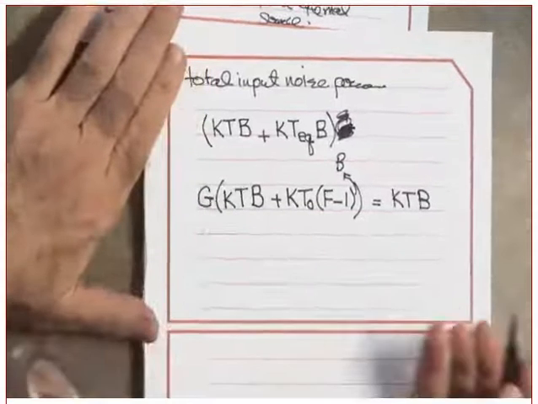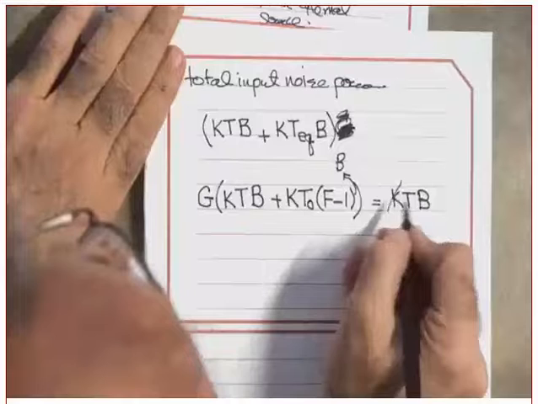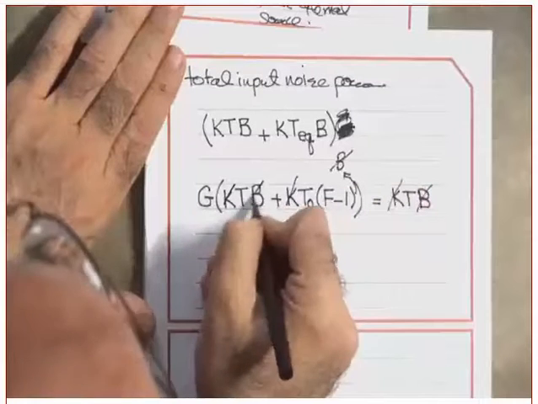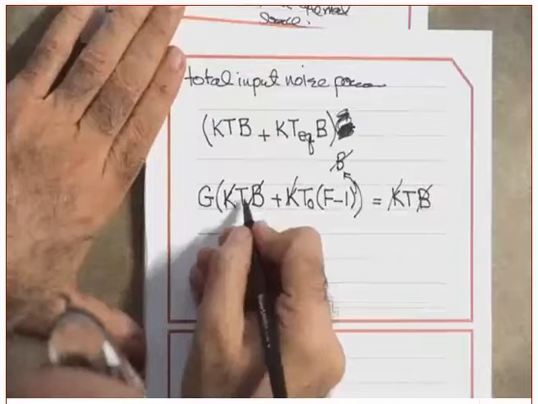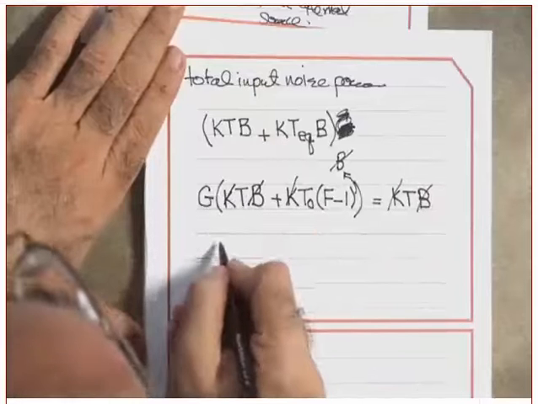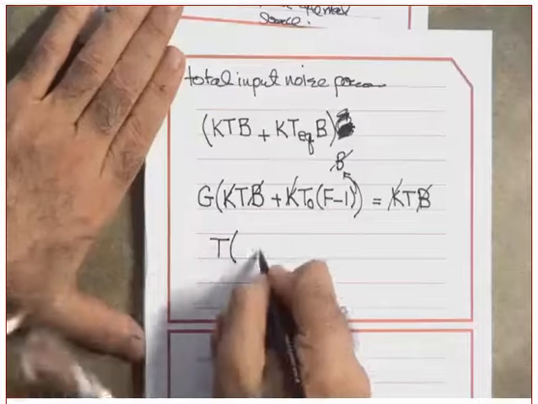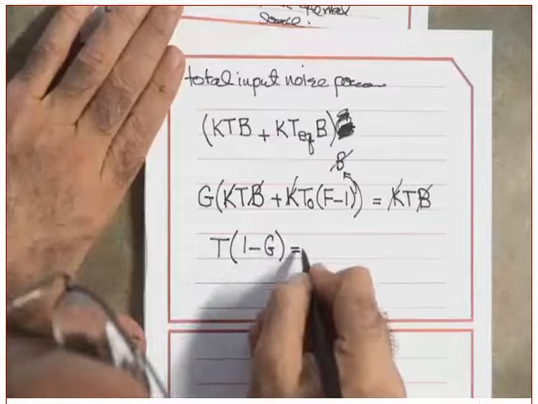So now what do I have? Can I cancel the B? Can I cancel the K? So what do I have? K, B, K, B, K, B. Can I bring the T here? So what do I have? T, 1 minus G is equal to what?